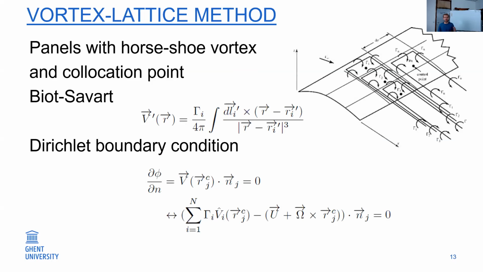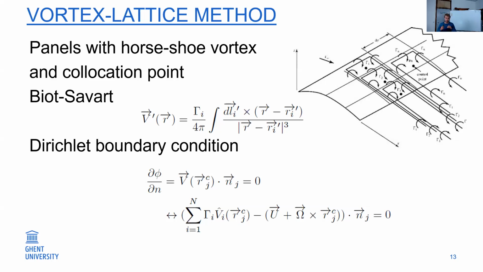It's a system where every panel, so every foil of the hydrofoil craft, gets divided into different panels, and every panel has a horseshoe vortex and a collocation point. Every horseshoe vortex creates circulation, and a collocation point is a point where there is a Dirichlet boundary condition, where you just say that there can't be any flow in the normal direction.